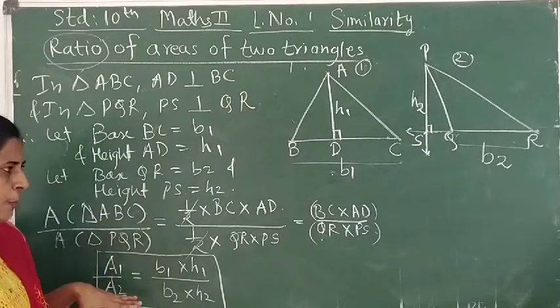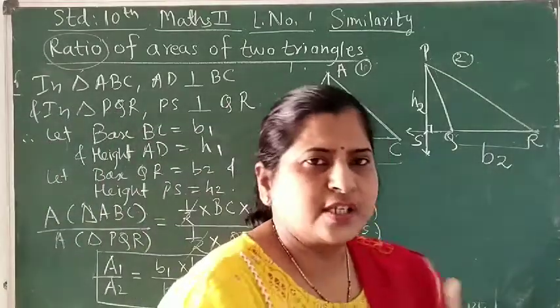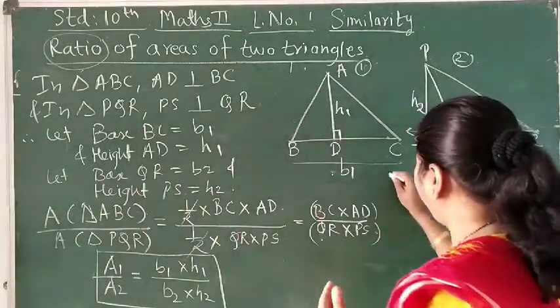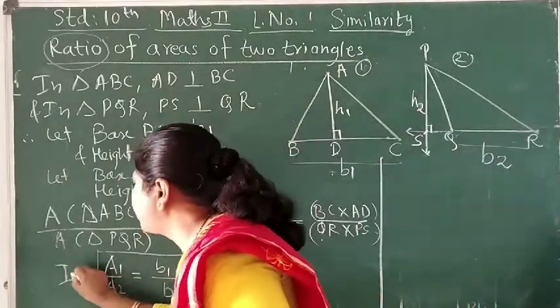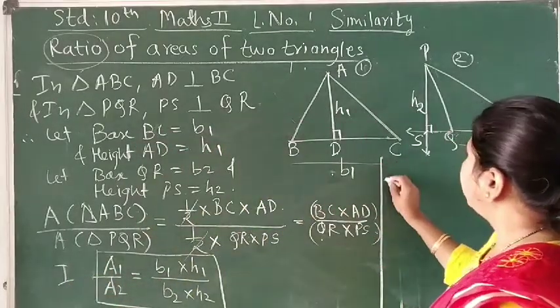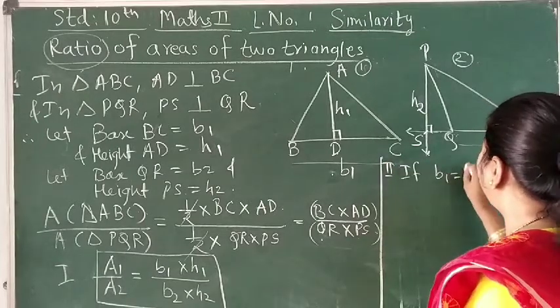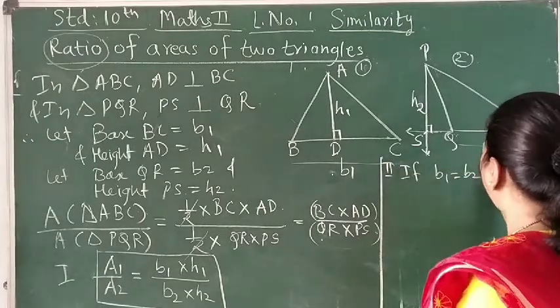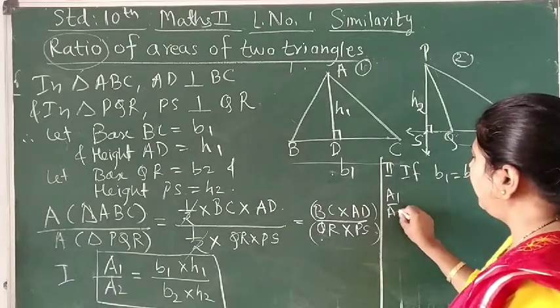Now from this property we have to see three more conditions, in that, what if. This is property number 1 we have understood. Now for the second situation, if the bases B1 and B2 are equal, then what will happen? Then what will be A1 upon A2?